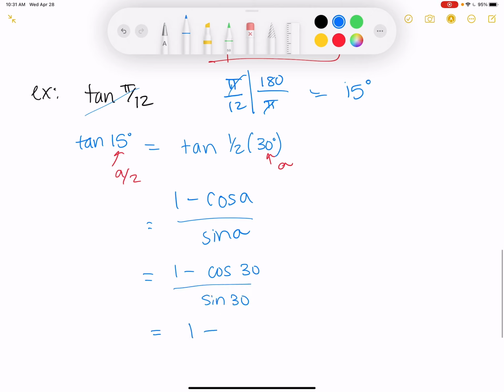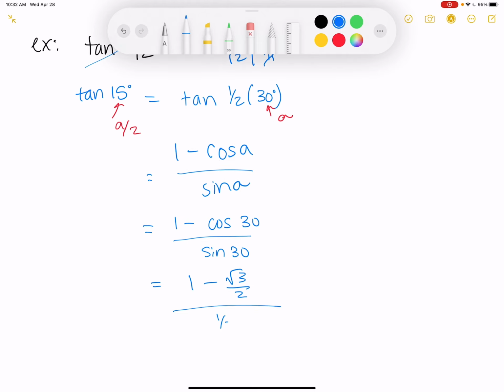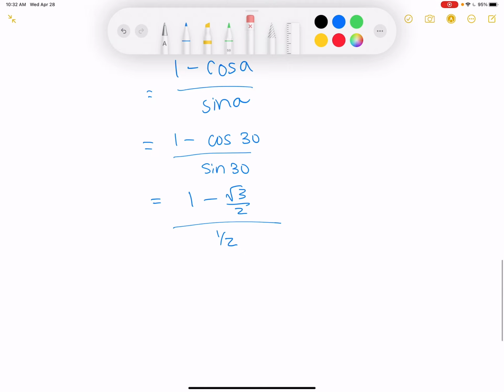What's the cosine of 30? Root 3 over 2. Sine of 30? 1/2. Okay, get a common denominator on top, which is going to give me what on top? 2 minus root 3 over 2, the whole thing all over 1/2.